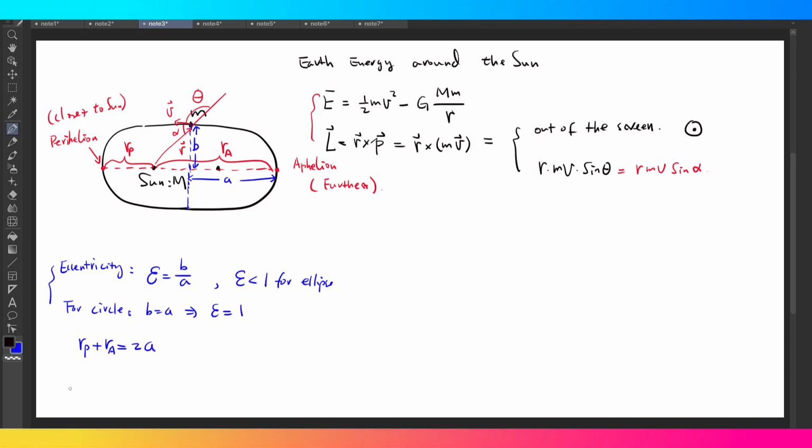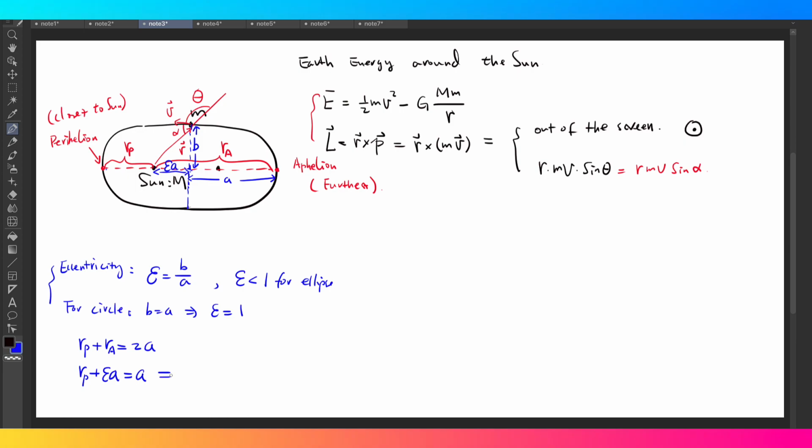And this distance I forgot to mention, this distance from the sun to the center is epsilon times A. Okay, is eccentricity times A. So RP plus epsilon A equals A. Yeah, so RP is this length plus epsilon A equals the semi-major length A.